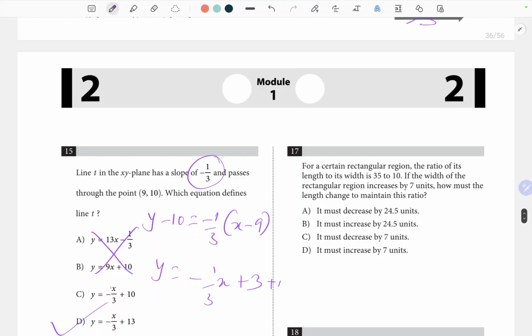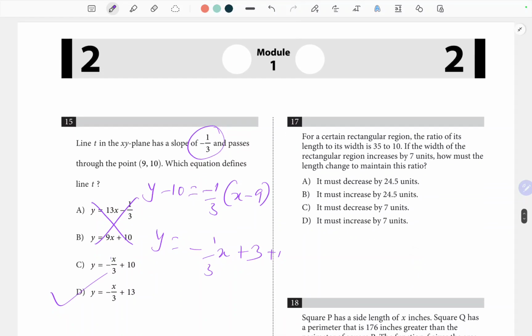Okay, question number 17. For a certain rectangular region, the ratio of its length to its width, okay, length over width is 35 over 10. So I can consider length as 35k and width as 10k, right? So we can make it more simple, 7 over 2. Yeah, so I can consider length as 7k and width as 2k.